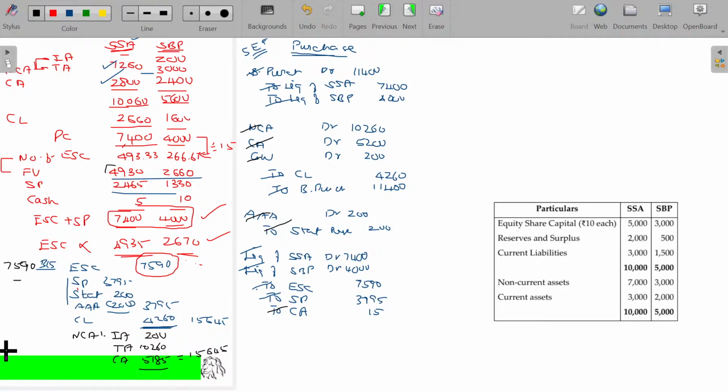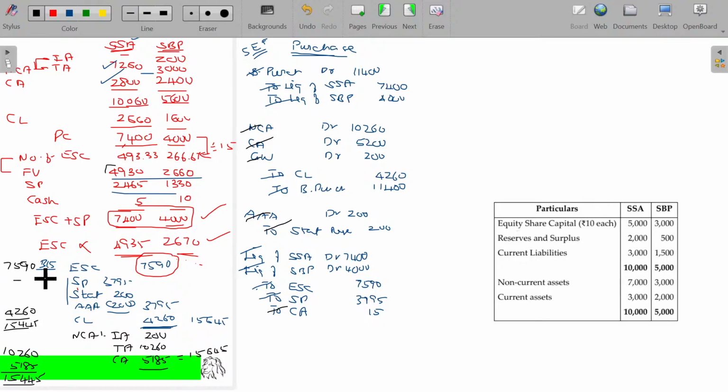Tangible assets being 10,260. Current assets being 5,185. Now current liabilities being 4,260. Come on, tally this. 15,445.